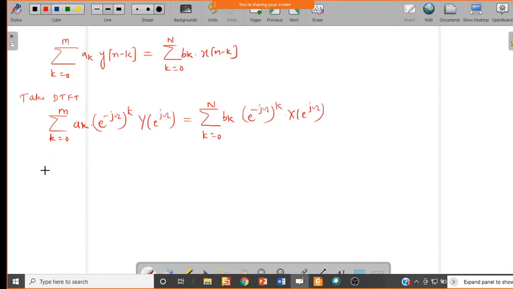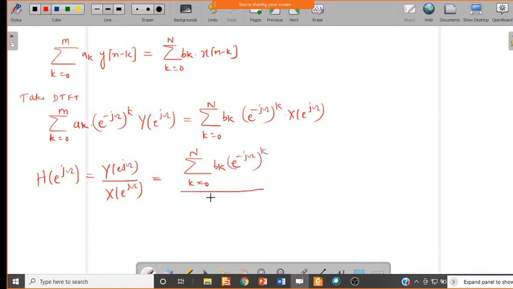Now similarly, if you want the frequency response, it is given by Y of e power j omega divided by X of e power j omega. This will be given by summation k equal to 0 to n, p_k into e power minus j omega power k, divided by summation k equal to 0 to m, a_k into e power minus j omega power k.